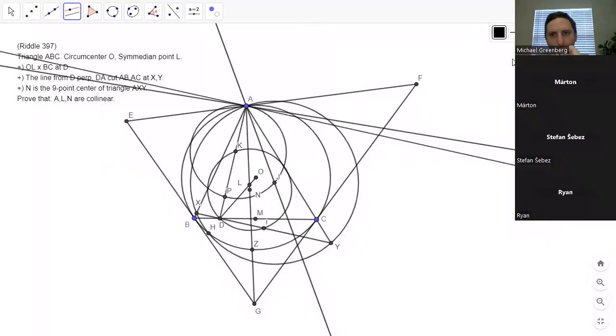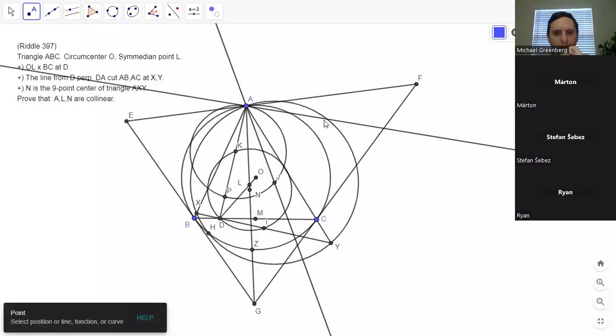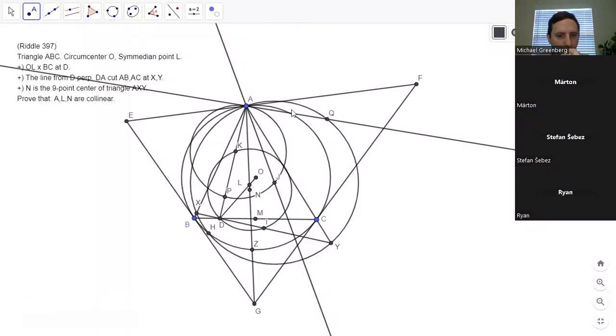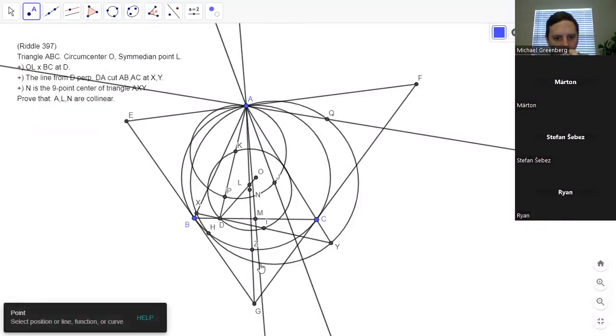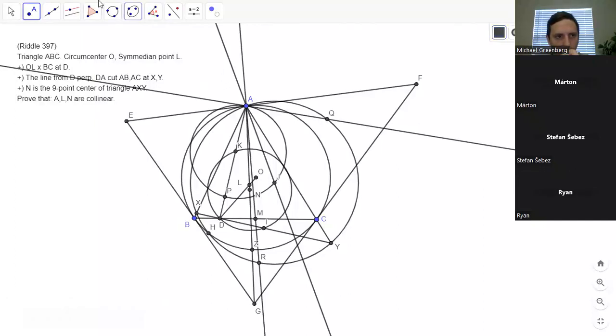No. I wonder if there's something special about this point Q. Now I'm just kind of making it more complicated.